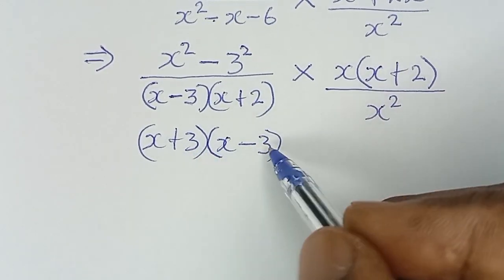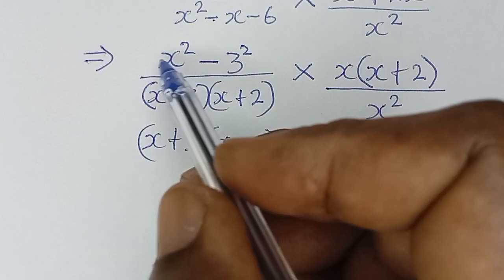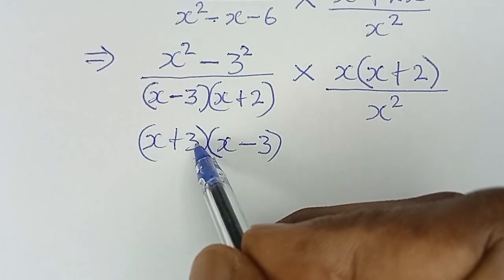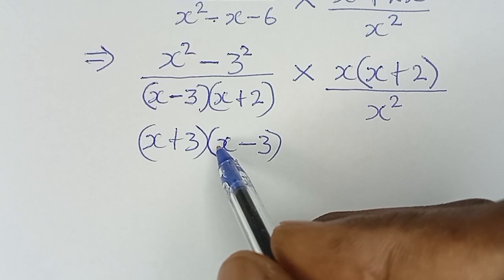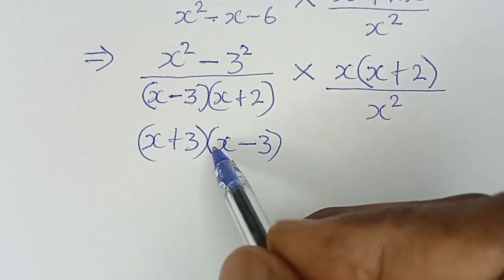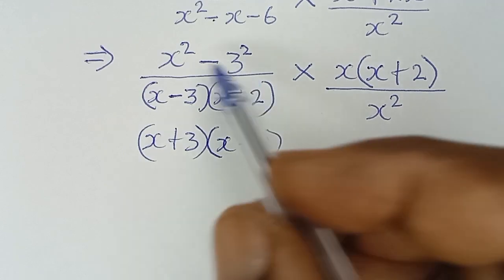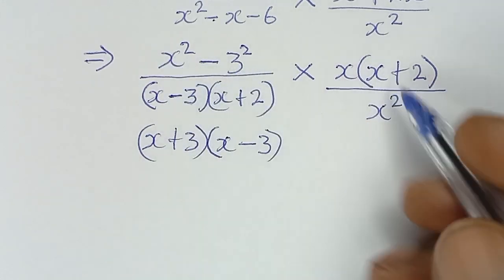You add the terms together, put them in a bracket, and then multiply by subtracting the terms in another bracket. So if you expand this now, you're going to get this one.